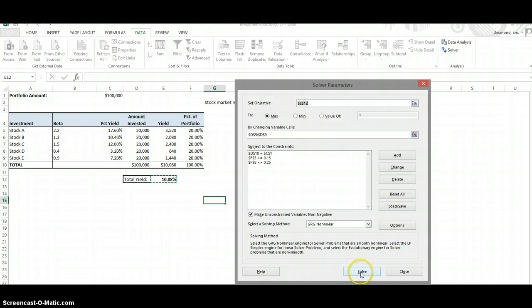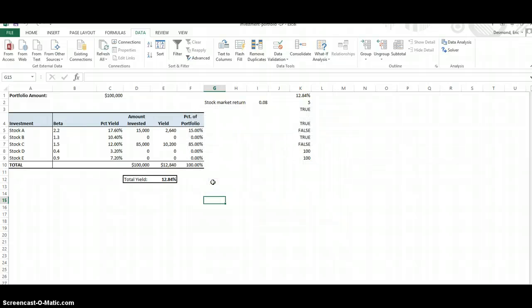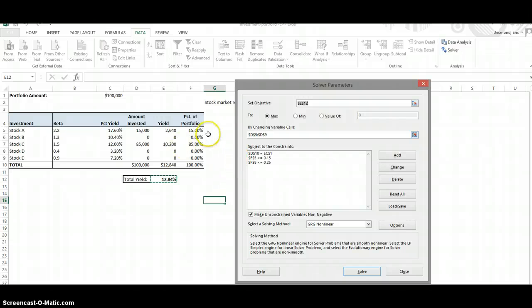Then we hit solve, and this should be on max. Hit OK. And that's what it's coming up with. So it's obviously telling us to max out the stock A as much as we can, and don't even bother with the low yielding stock.